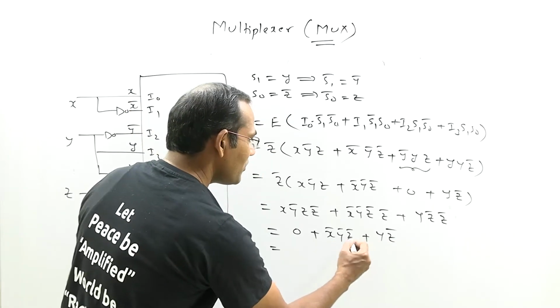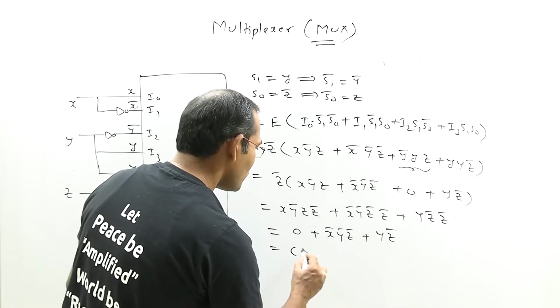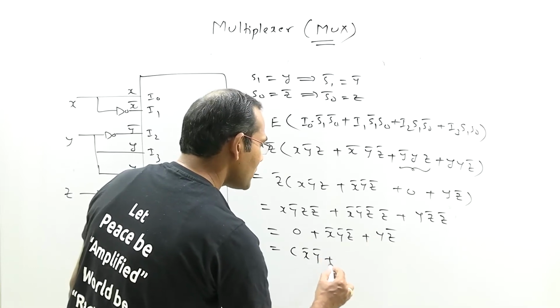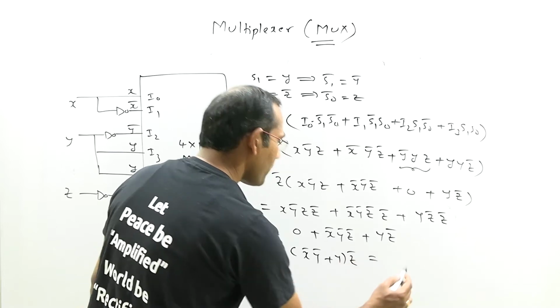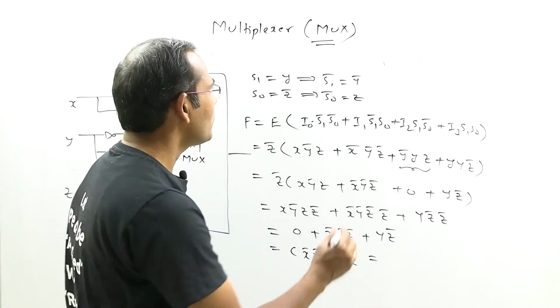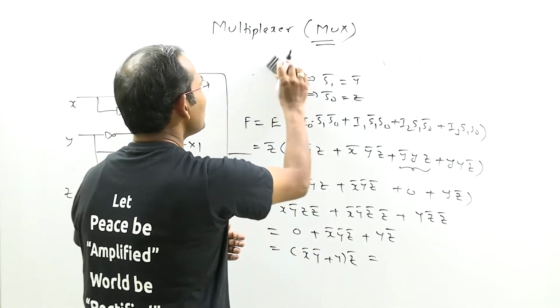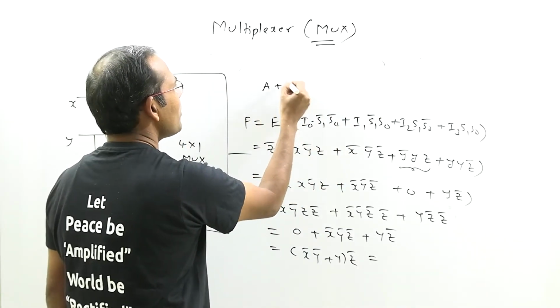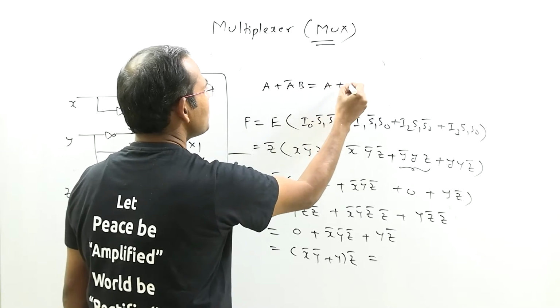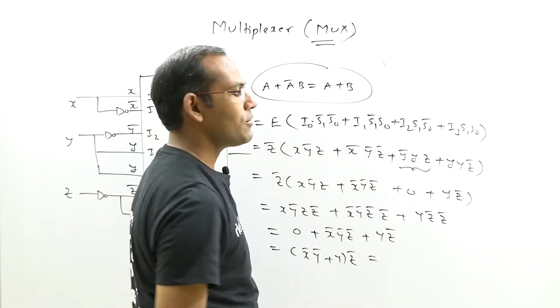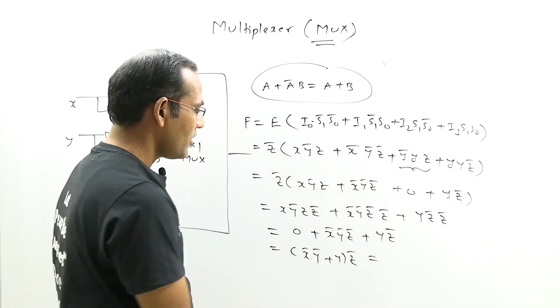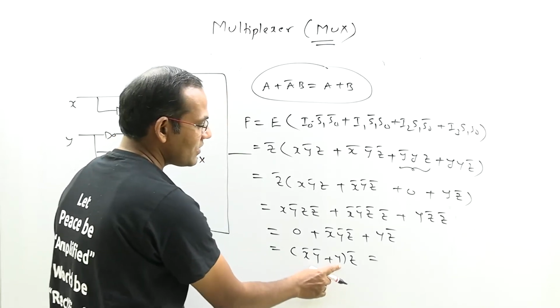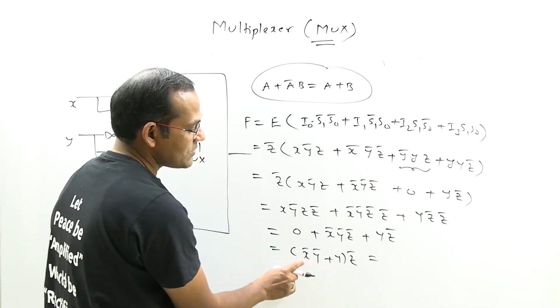Here observe carefully, z bar is common, so we can take z bar outside. Then here I am using one minimization rule: a plus a bar b is equal to a plus b. In the same manner, y plus y bar into x bar.